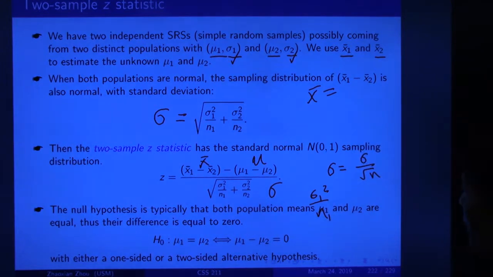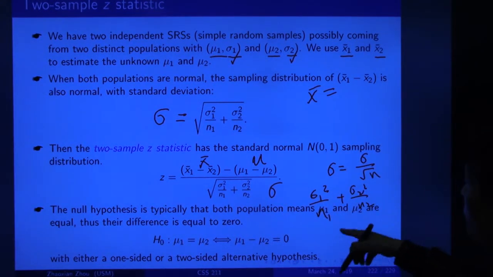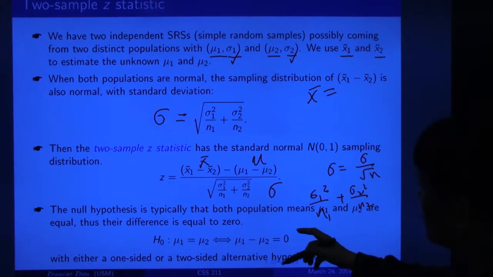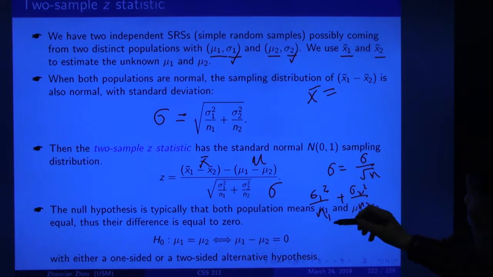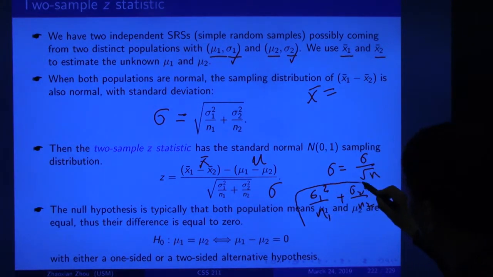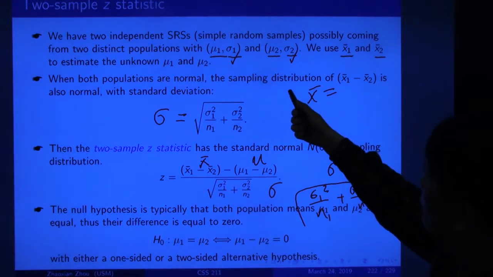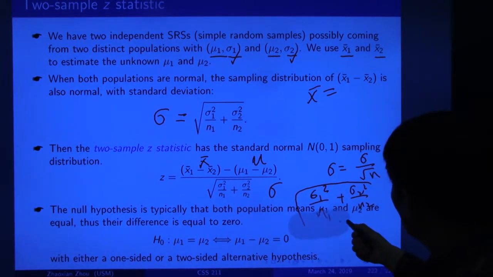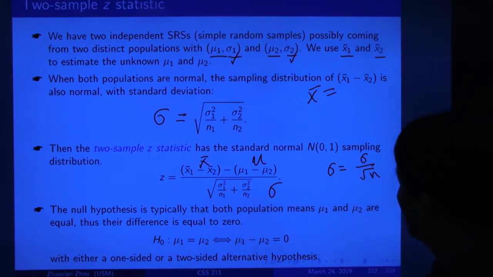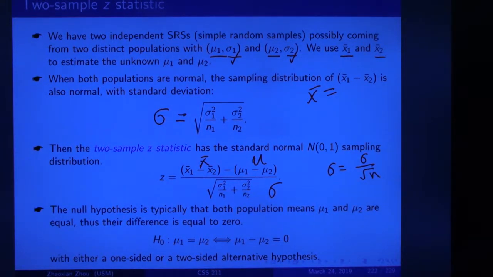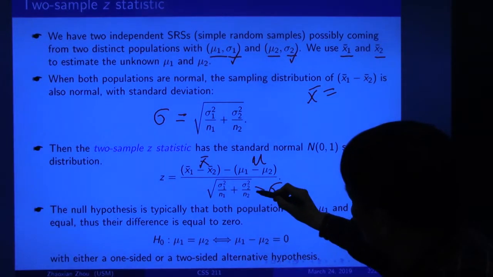Then the second one is sigma 2 squared over n2. These two variances add up to the total variance of the difference. Then we take the square root. This gives us the standard deviation of the difference of the two sample means. So this is the sigma.